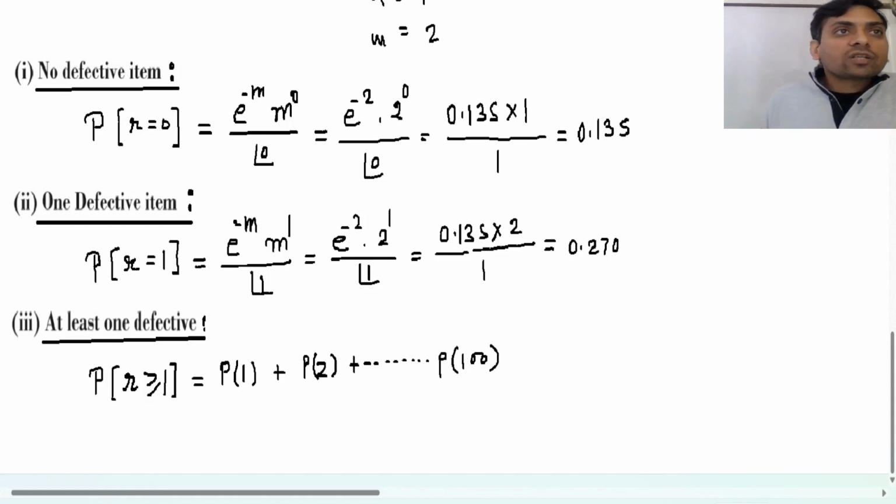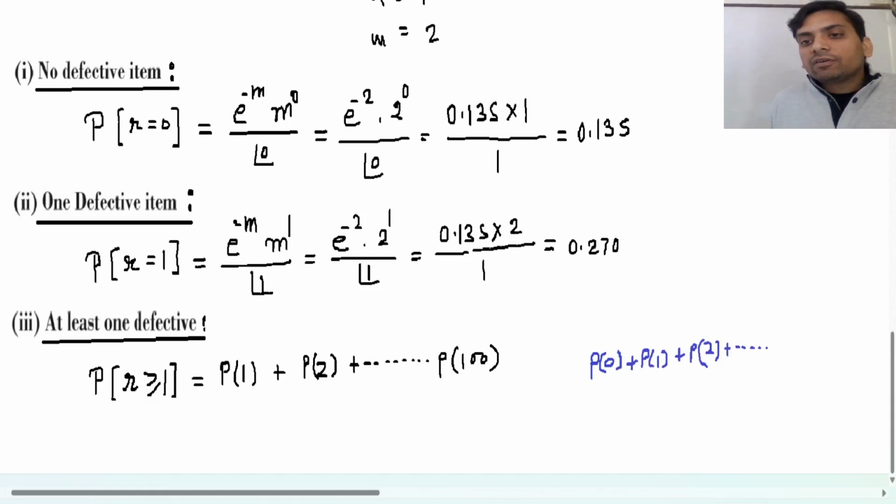You can't find this total one by one. This is too time consuming. So you know the total probability is 1. So probability of 0 defect plus probability of 1 defect plus probability of 2 defect, up to probability for 100 defect.